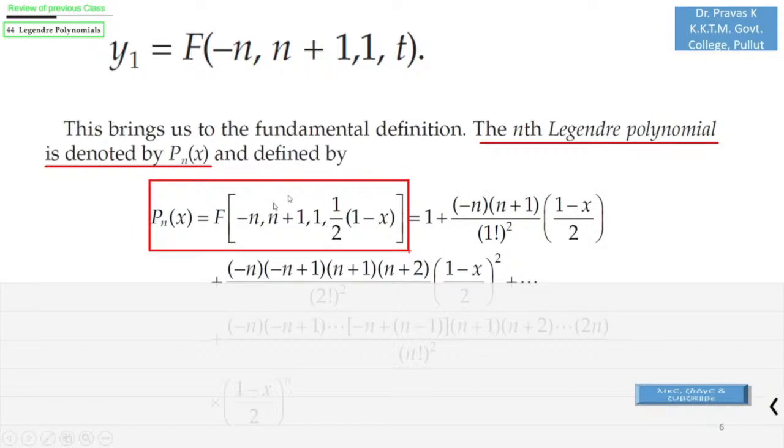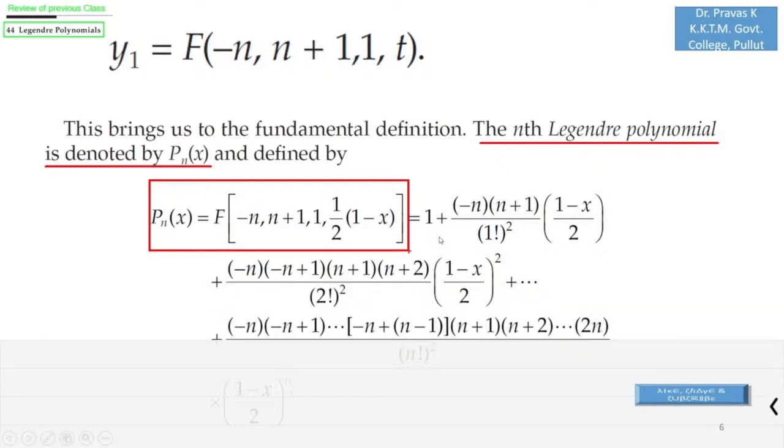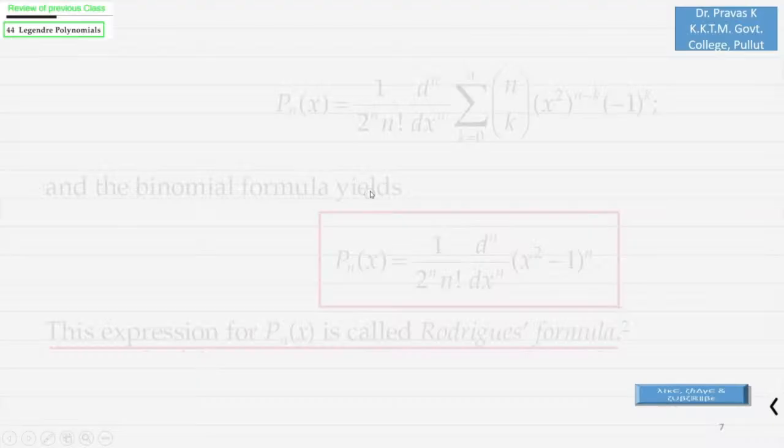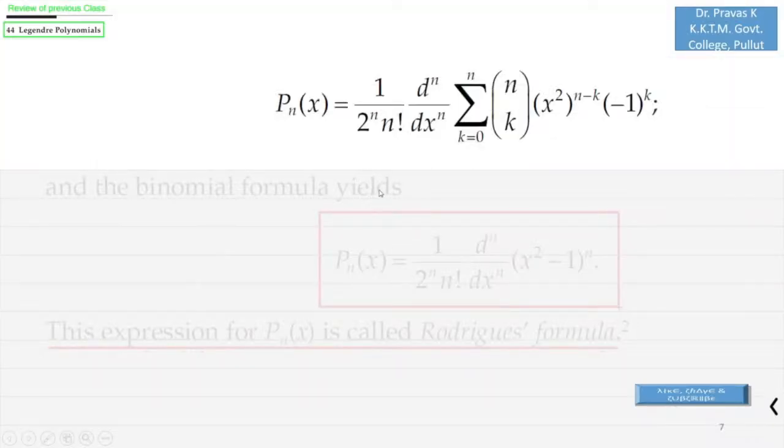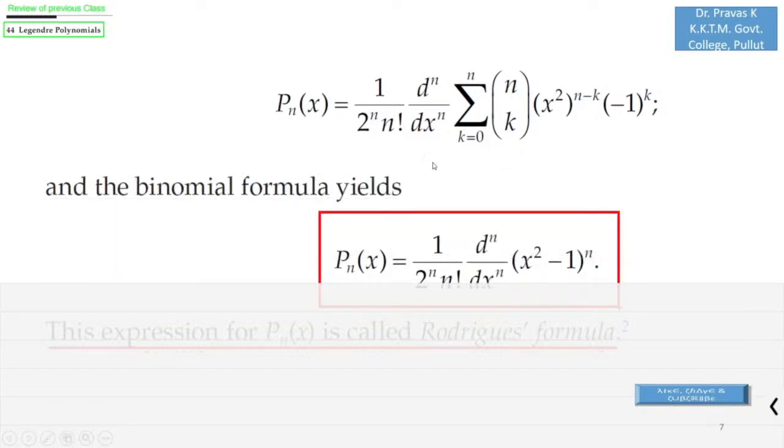So we have Pn of x equal to F of this part, where you already know the expansion of F of a, b, c, x, which is 1 plus (minus n)(n plus 1) by 1 factorial into (1 minus x) by 2 plus etc. Now we could see in the previous chapter that this Pn of x actually takes the form as in this expression, and once again applying the binomial formula, we can see that this Pn of x is actually 1 by (2 raised to n into n factorial) into the nth derivative of (x square minus 1) all raised to n with respect to x.